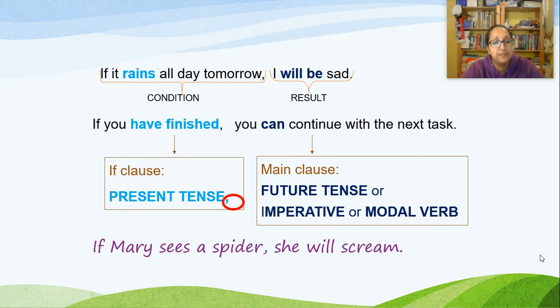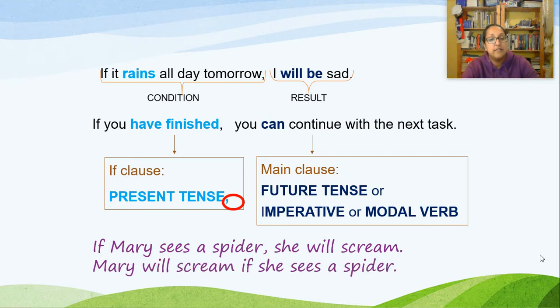Let's have a look at this example. If Mary sees a spider, she will scream. Now we can actually write it with the main clause first, before the if clause, before the conditional. So that would look like this. Mary will scream if she sees a spider.